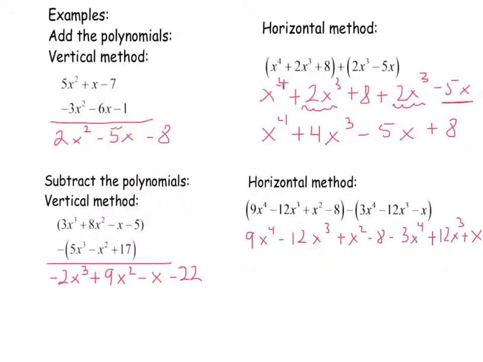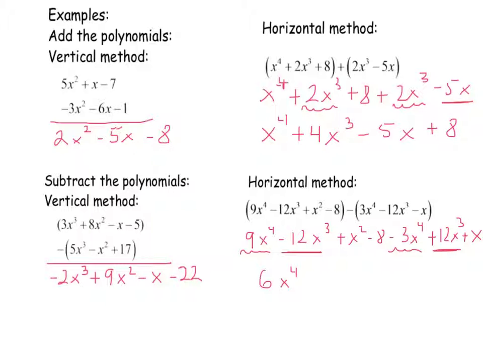And all I do is combine my like terms. I have 9x to the fourth minus 3x to the fourth, which gives me 6x to the fourth. I have a negative 12x cubed and a positive 12x cubed. Since they are opposites, they go away.